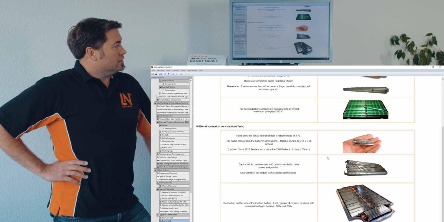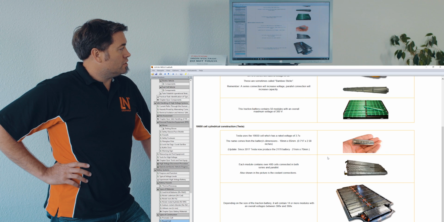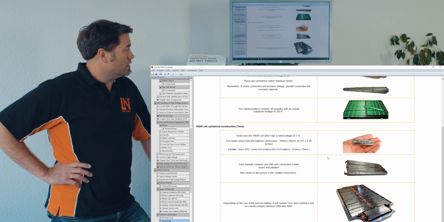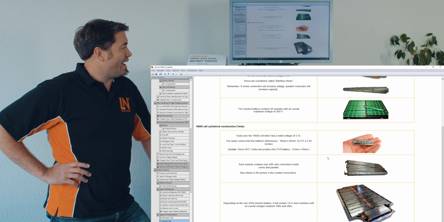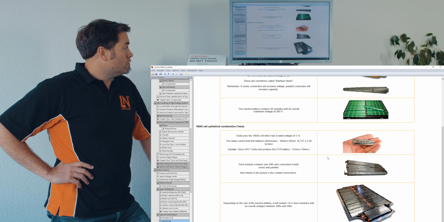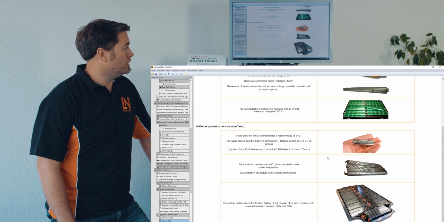You see Tesla doing something slightly different with the system, so now they're running in series and parallel, using a much smaller battery called the 18650. They've also upgraded now to the 2170 battery, so that refers to the size of the battery in millimeters.